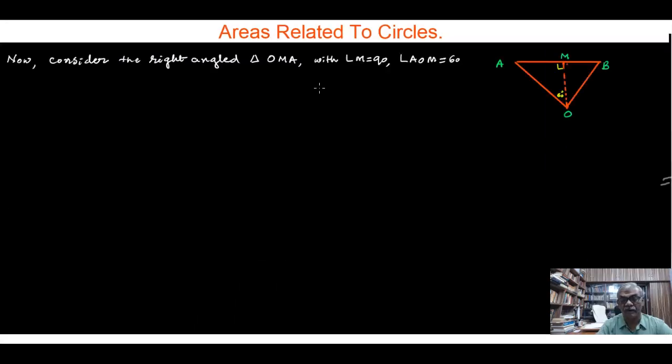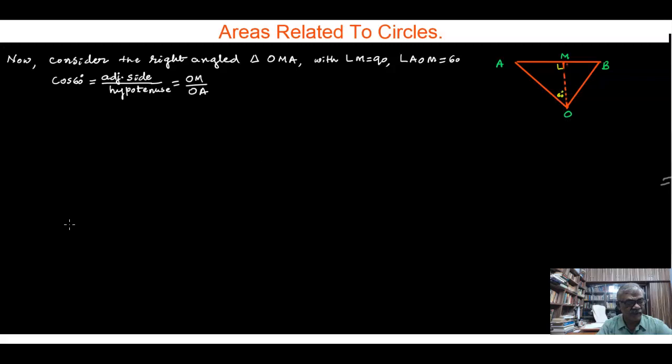Now consider the right angle triangle OMA with angle M equal to 90 degree and angle AOM equal to 60 degree, which you have already seen. Now cos 60 equals adjacent side by hypotenuse.